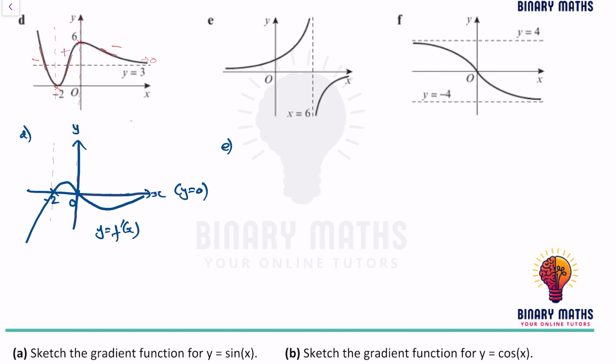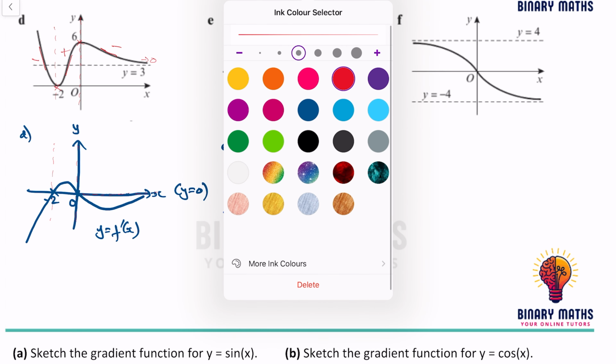Okay, E now. So if I were to draw the gradient function below it, because at x equals 6 there's an asymptote, and it's getting closer and closer to infinity and negative infinity, I know there's also going to be an asymptote at x equals 6. There are no stationary points, so there are not going to be any x-intercepts. So let's see what's happening on each part of the graph.